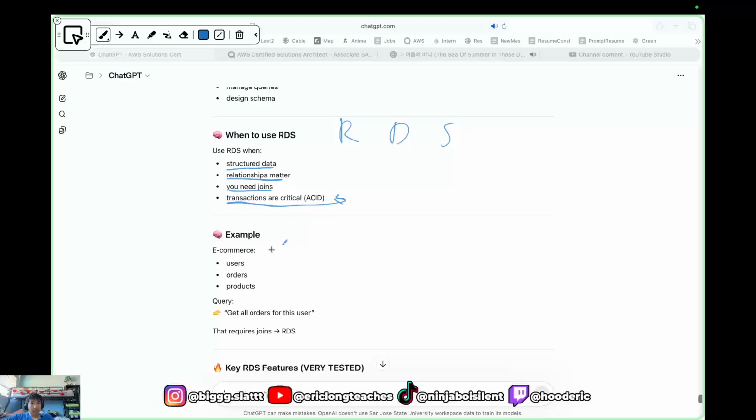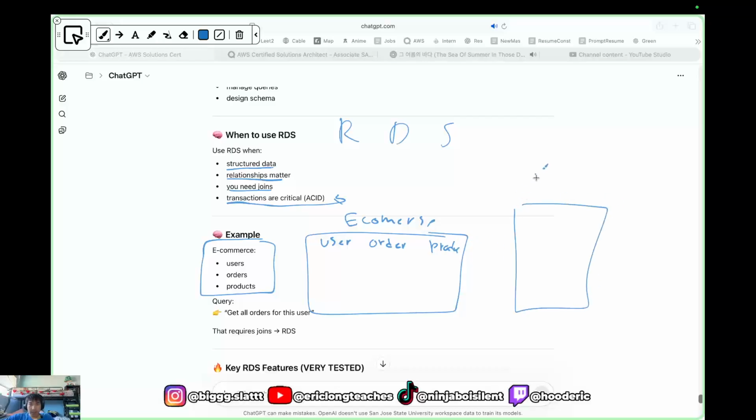E-commerce. So e-commerce uses these. So we could have e-commerce. For example, it would have this. We'd have stuff like users. We'd have like orders, product, and then these other things could be like user.